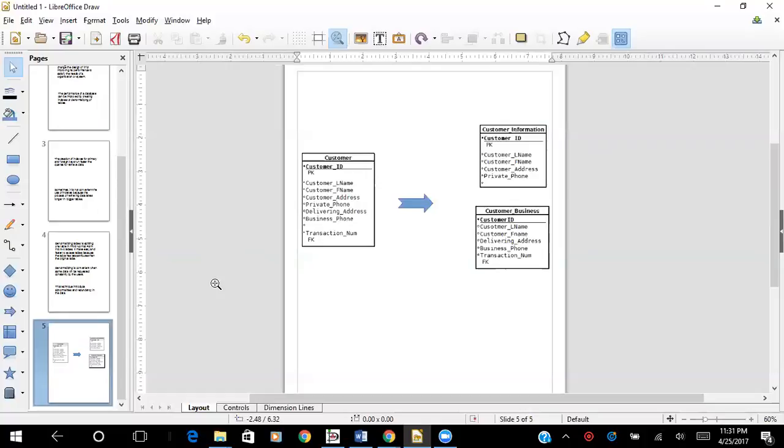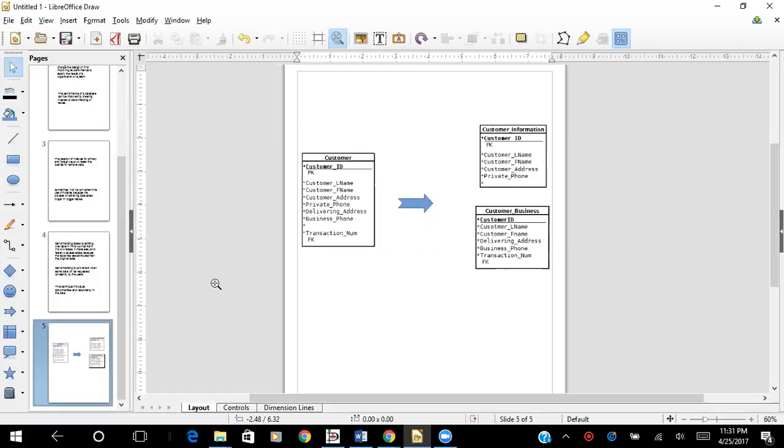This looks like it's in third normal form because the customer has the personal information, and it carries out a business too. So all this is a kind of information of the customer.